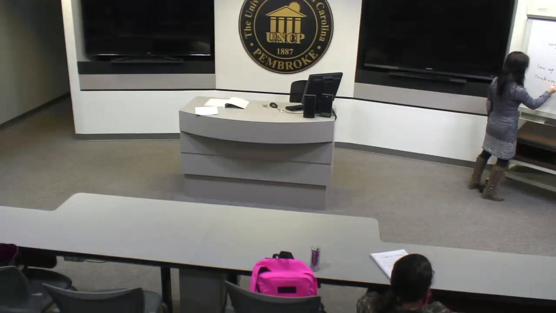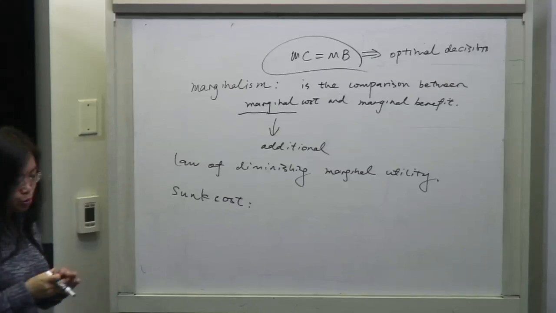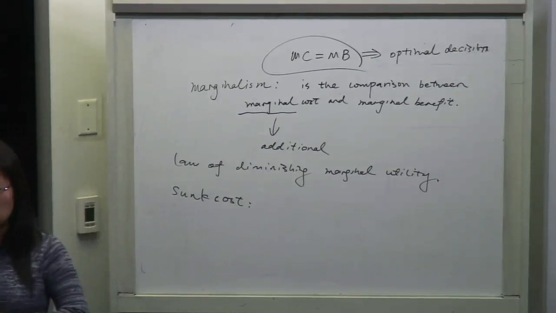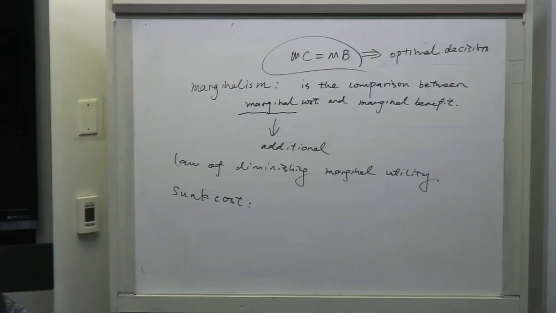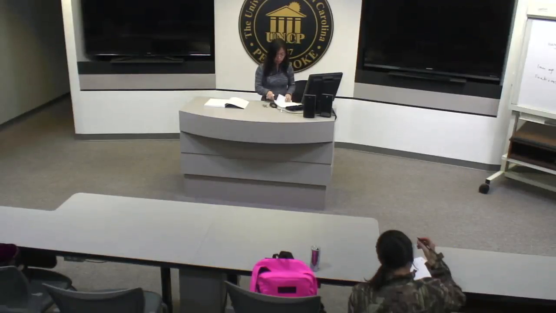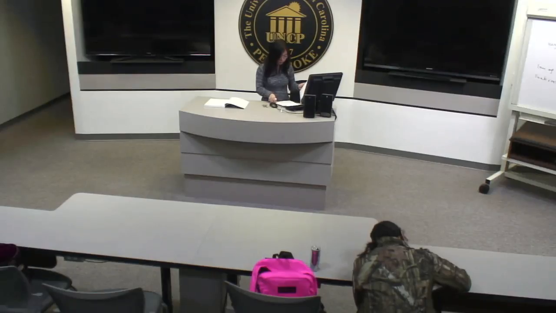Sunk cost. I want you to understand this concept alongside marginal cost, because marginal cost is additional cost arising from the decision, but sunk cost is not. Sunk cost is a cost that has occurred at the beginning and is not going to be affected by your future decisions. So I'm going to give you a definition for it.